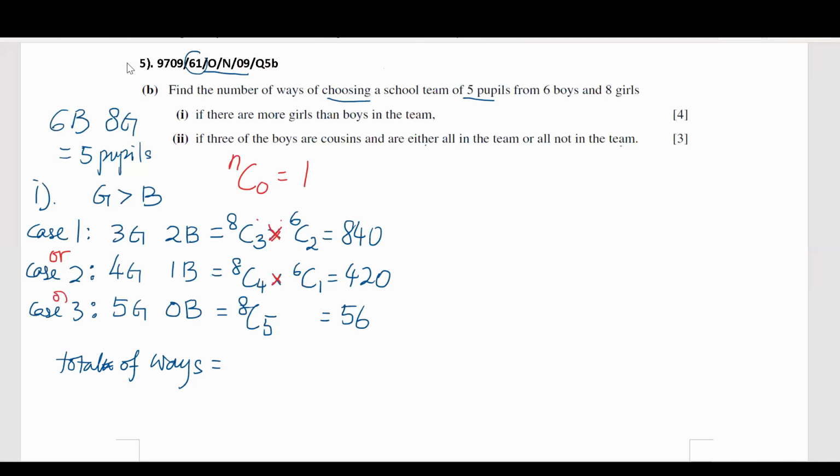Or case 3, this and this. Then to find out the total number of ways for all the cases, we sum them up: 840, 420, plus 56. Total 1316.